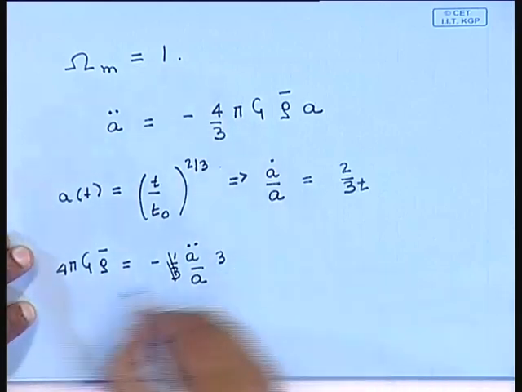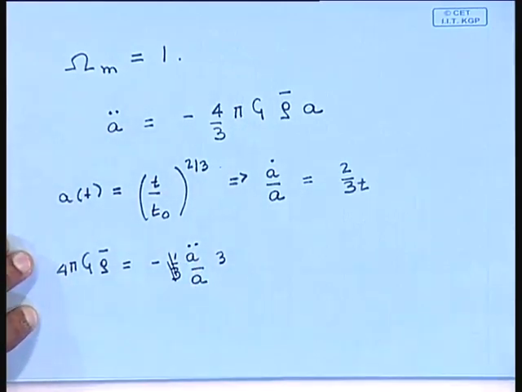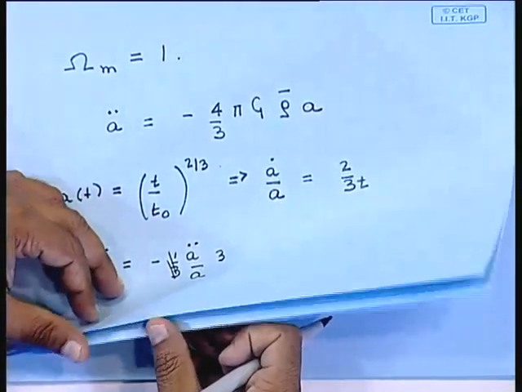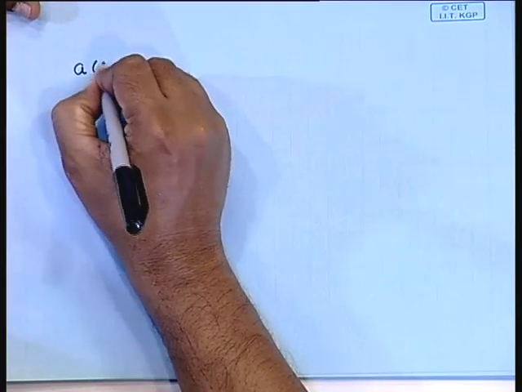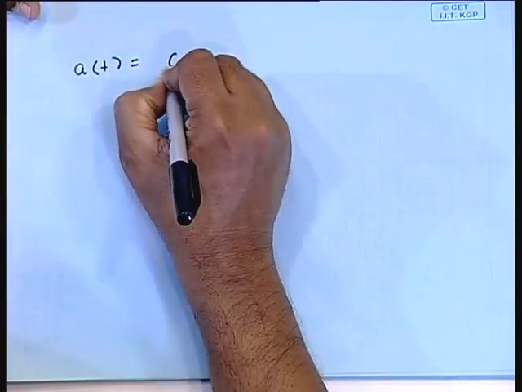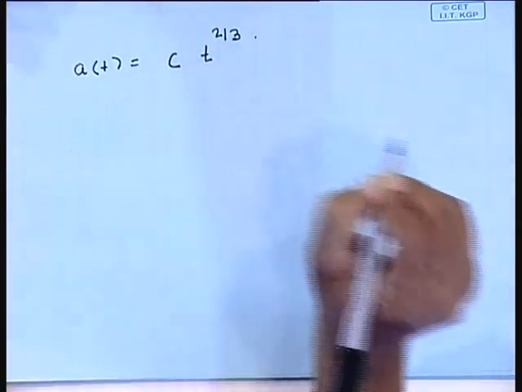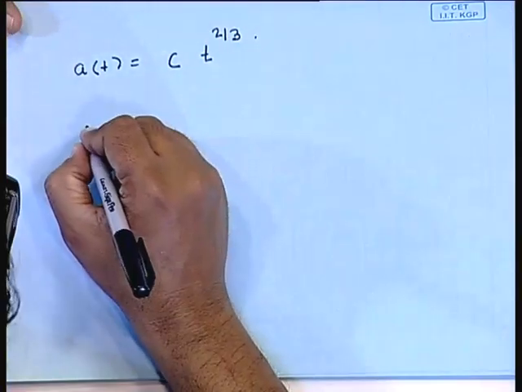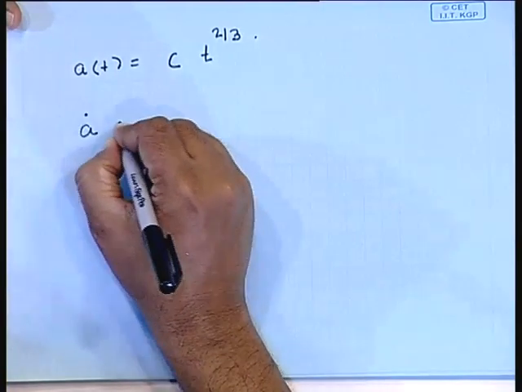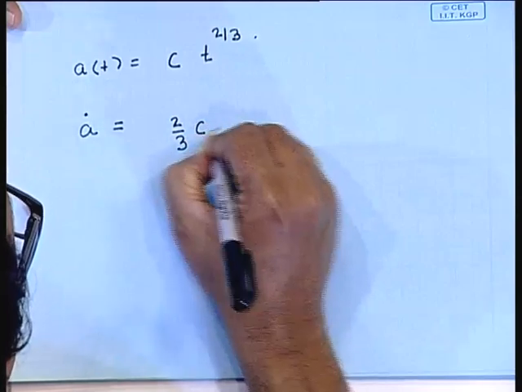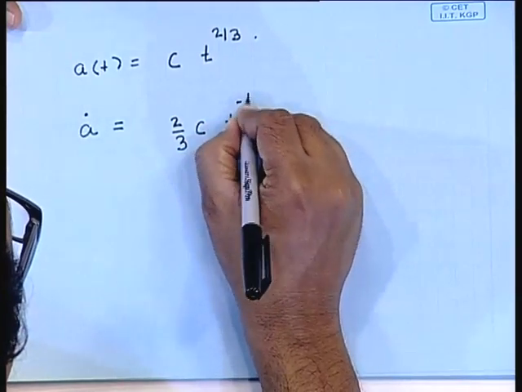Okay. So we want to calculate A double dot by A. Let me do it somewhere else. So A of t is equal to C t to the power 2/3, that is what we have seen. So A dot is 2/3 C t to the power minus 1/3.